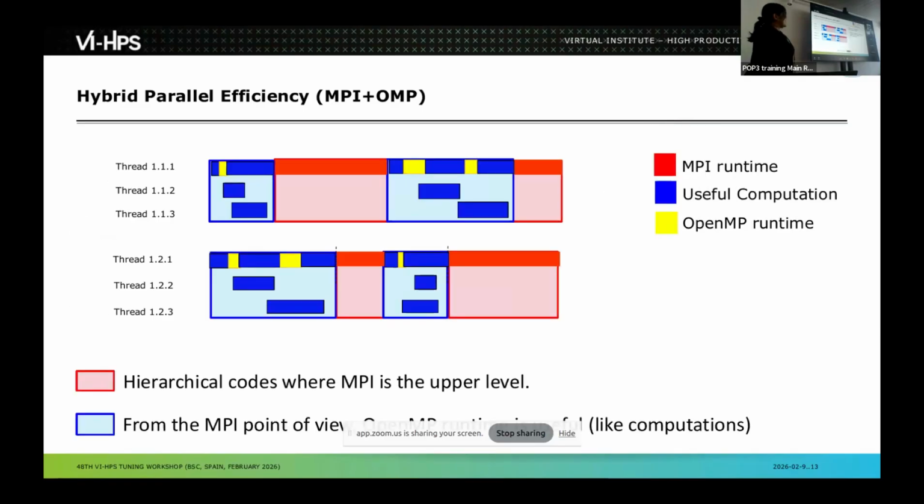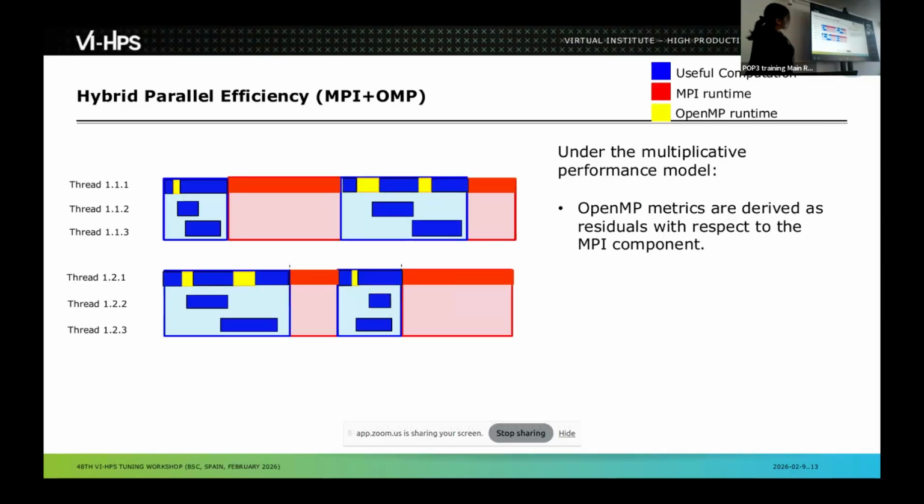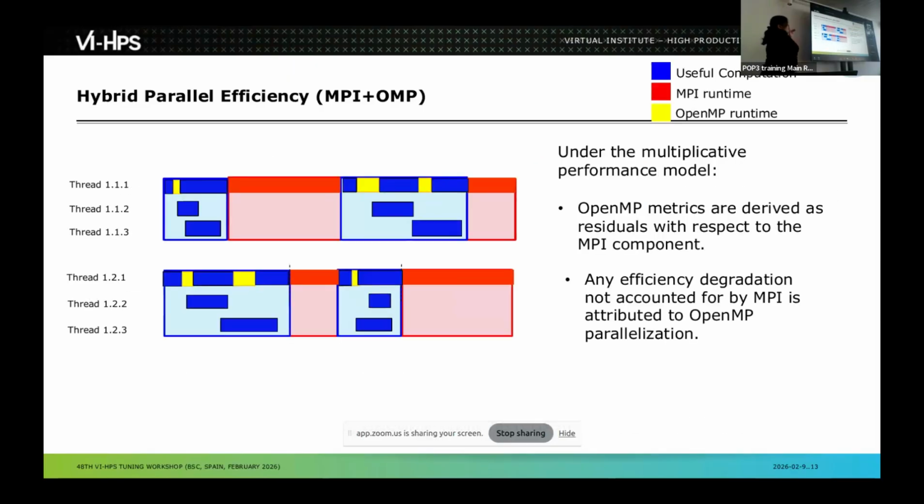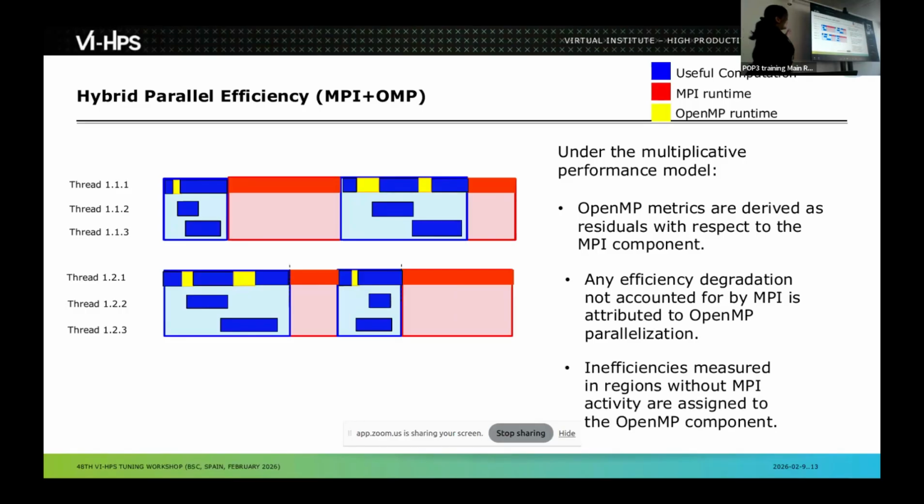This also means that any efficiency degradation that we don't blame on MPI is attributed to OpenMP, and all the inefficiency that we measure outside MPI is also associated with the OpenMP component.